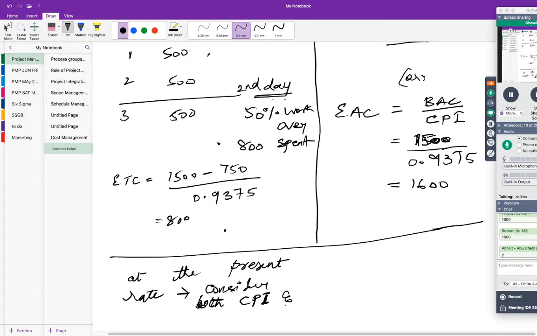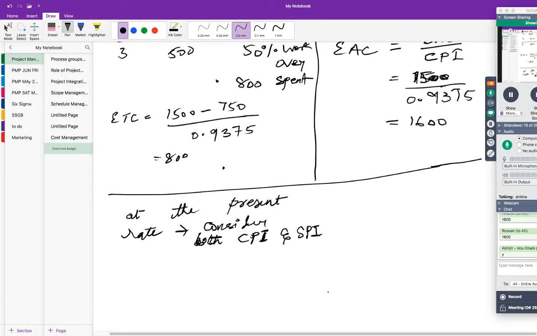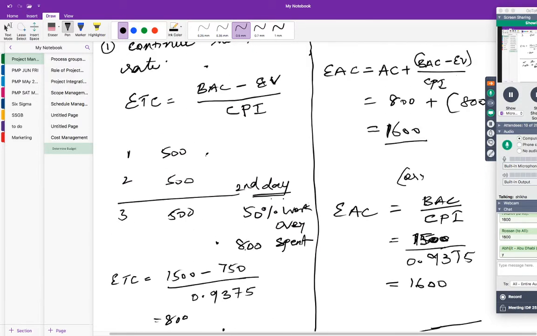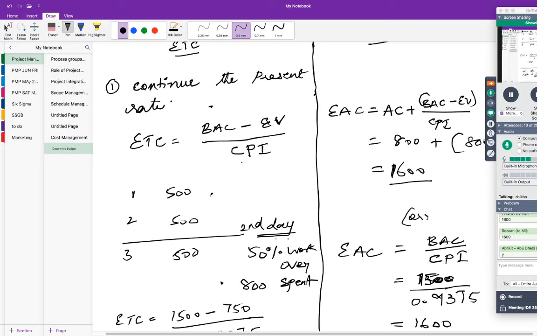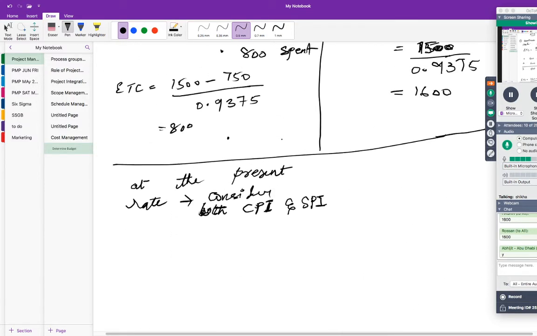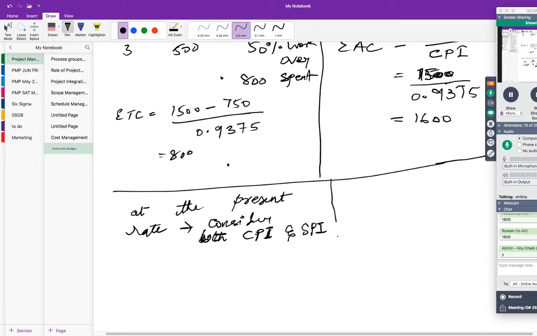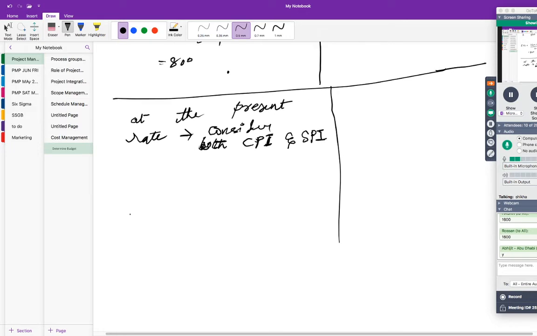It's very difficult to write, some synchronizing problem is there. So in that case, it's very easy. In this formula, instead of only CPI, you just multiply SPI also. So what will be the formula for the second scenario?